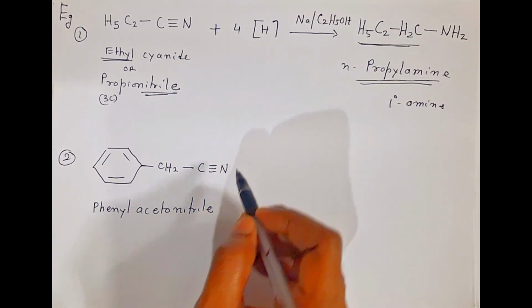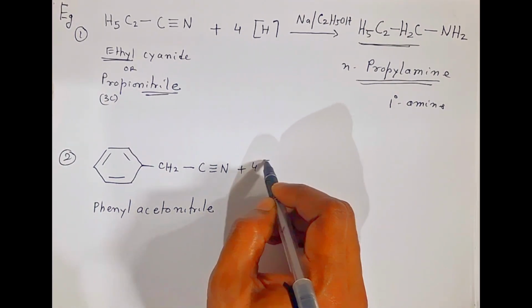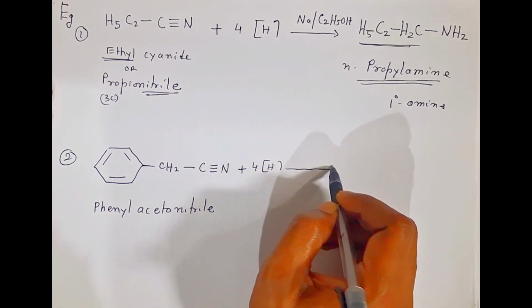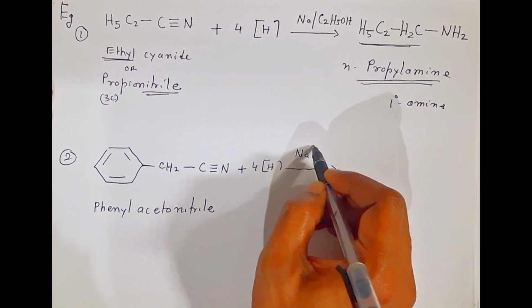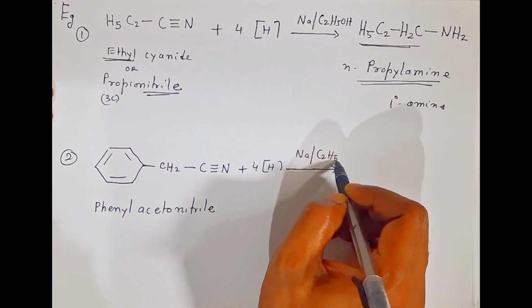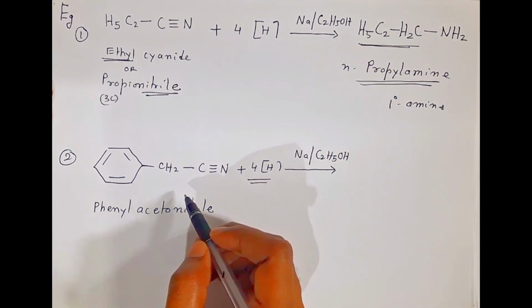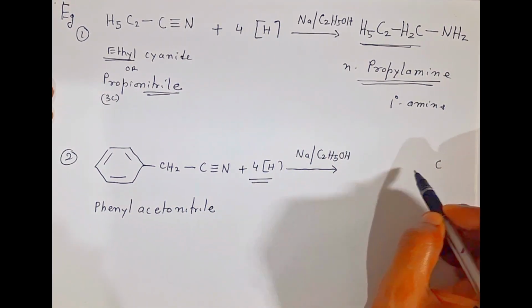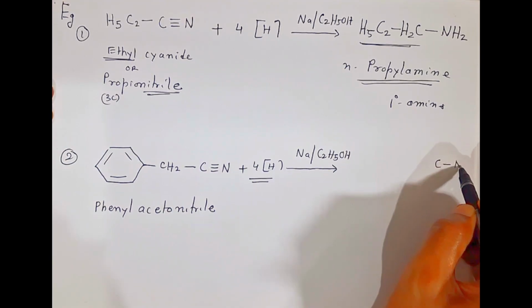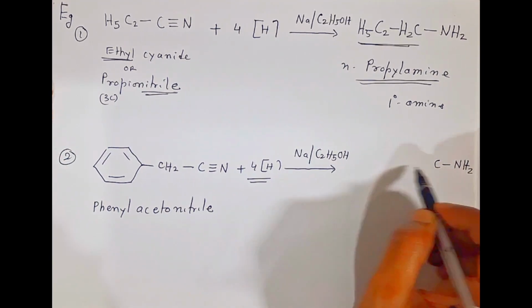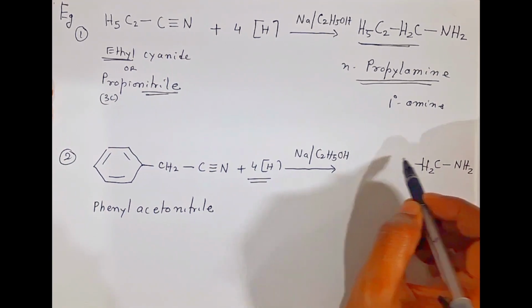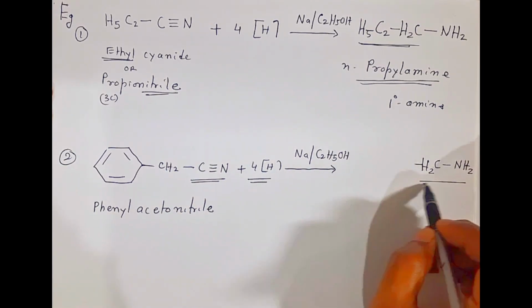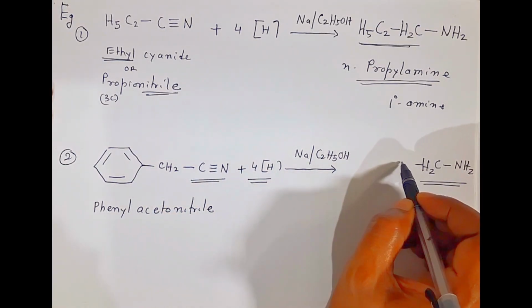This is aromatic cyanide. If you want to reduce it, 4 nascent hydrogen is required, which comes when you add sodium metal in ethanol. What happens here also, carbon nitrogen triple bond is going to convert to single bond, and hydrogen will combine like this. So it is converted like this, and this phenyl will be like this, CH2.